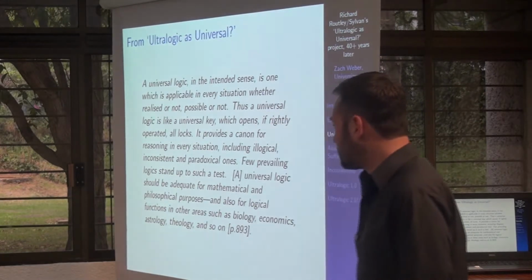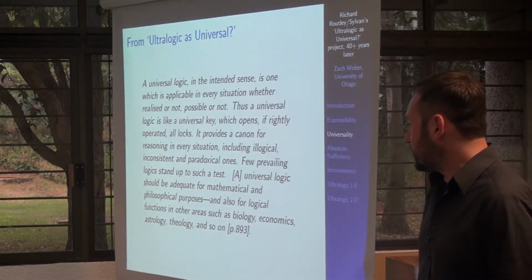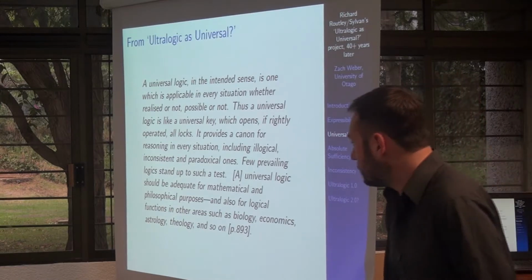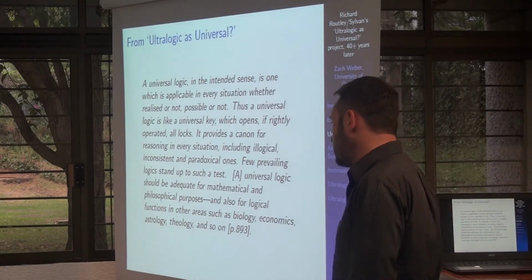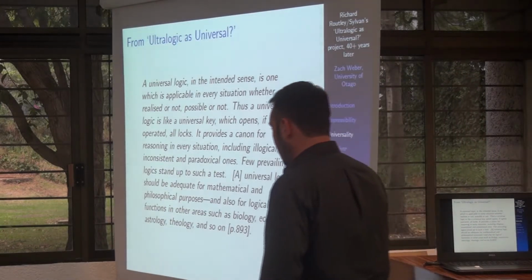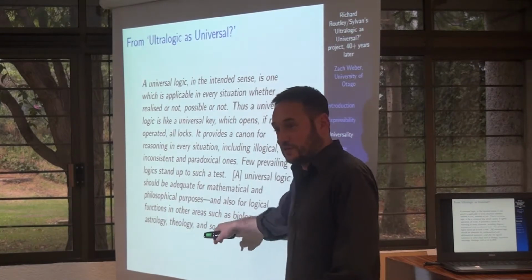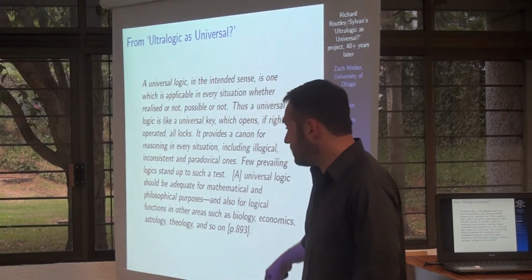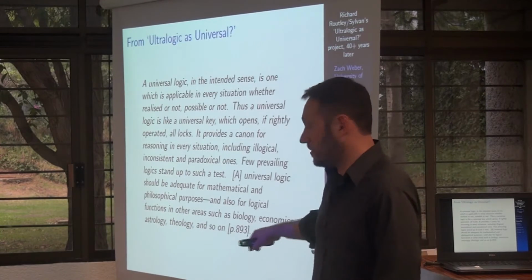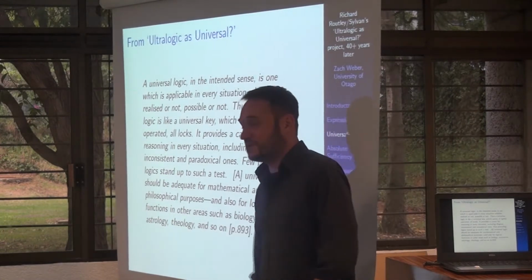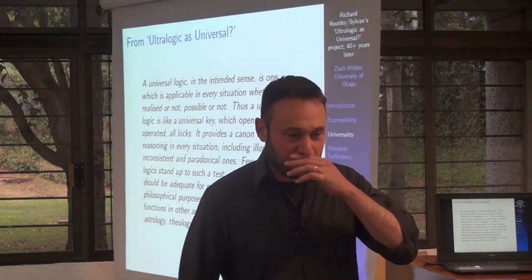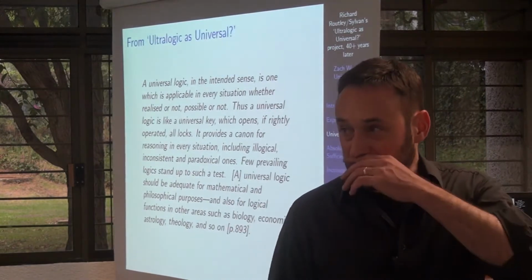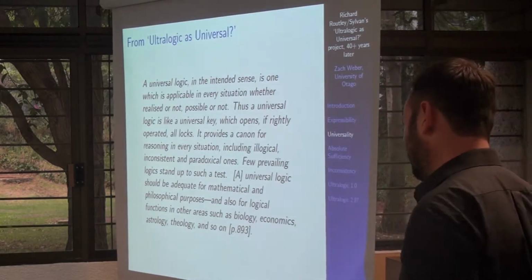A universal logic should be adequate for mathematical and philosophical purposes, and also for functions in other areas like biology, economics, astrology, theology, and so on. So he doesn't think that these theories even need to be true. I think, apologies to any astrologers in the room. He means logic.